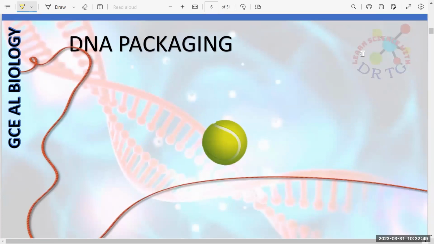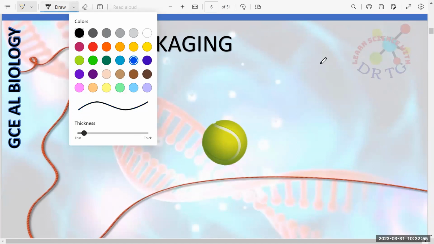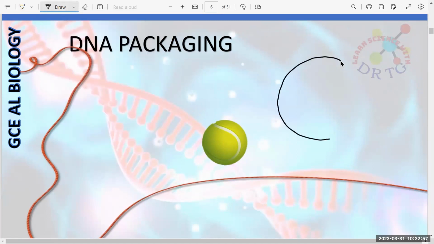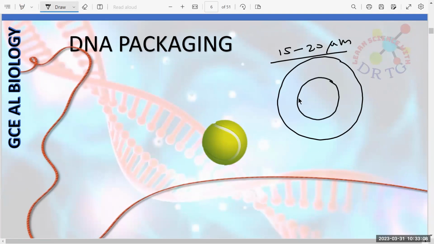We can understand the complexity like this. Take an average cell. Let's assume the average cell diameter is 15 to 20 micrometers, and the nucleus diameter could be 6 to 10 micrometers.